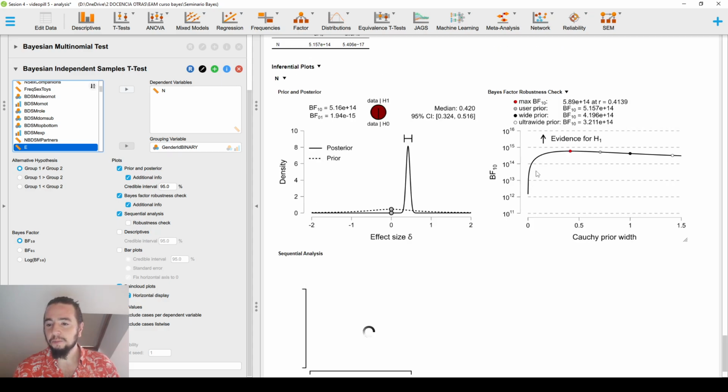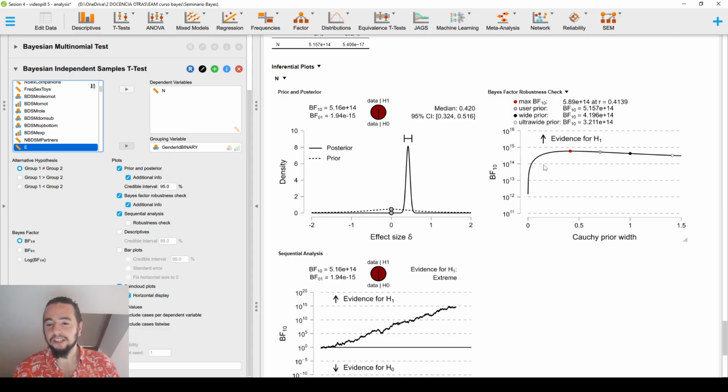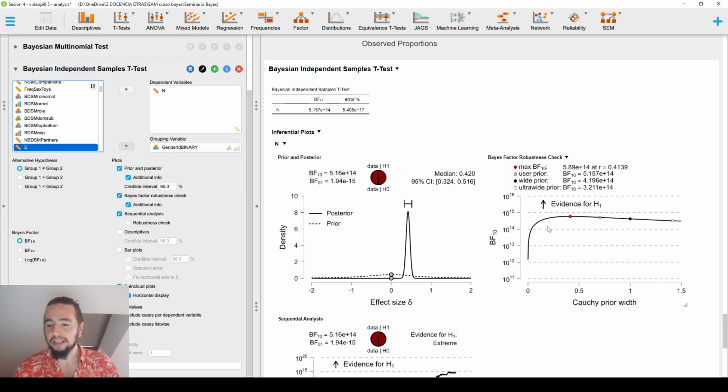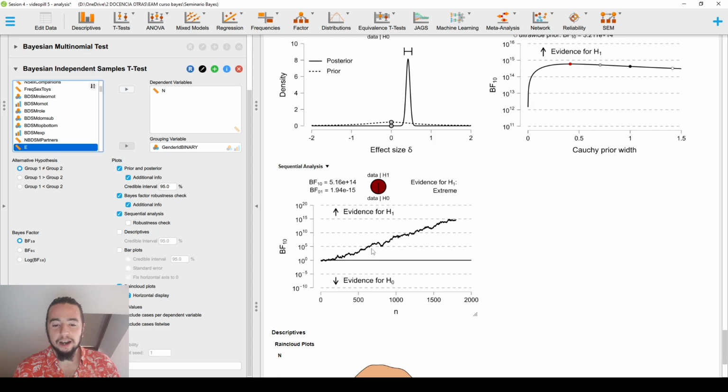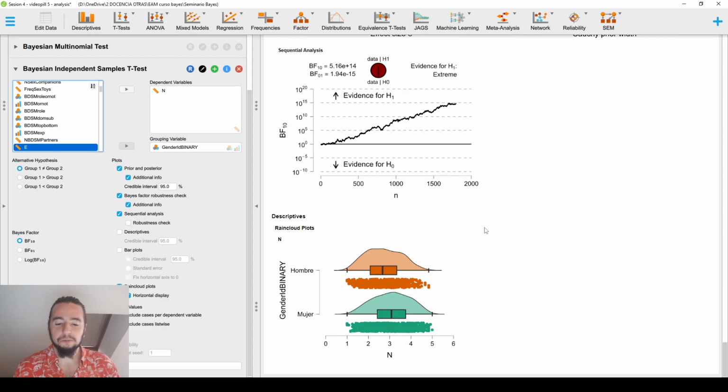And as you can see here, it's a pretty robust finding, because even with super informative priors, we are around 10 to the power of 12 at minimum, a lot of numbers, right? And we have here a pretty solid tendency towards having stronger and stronger support. So that's pretty good.